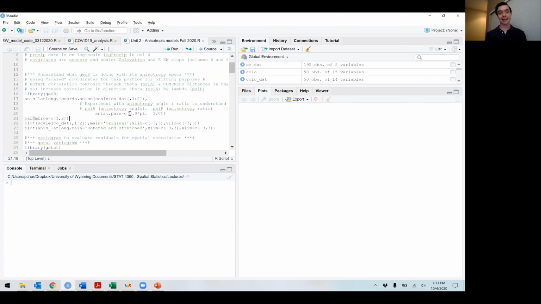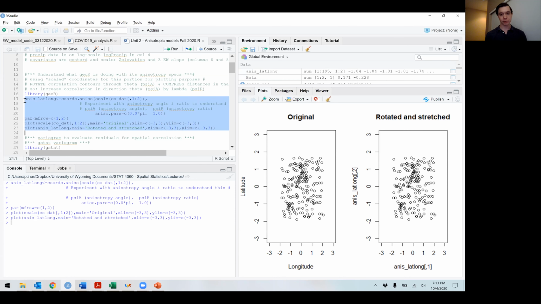We're not rotating anything, and an anisotropy ratio of 1. So we are not rotating and we're not compressing. So when I pull those coordinates through my helper function, this will produce an identical image. And there we are. There are the original locations of the Colorado weather stations that are recording precipitation. And here are the same locations rotated by an angle of 0 and stretched by 1. We did nothing to them.